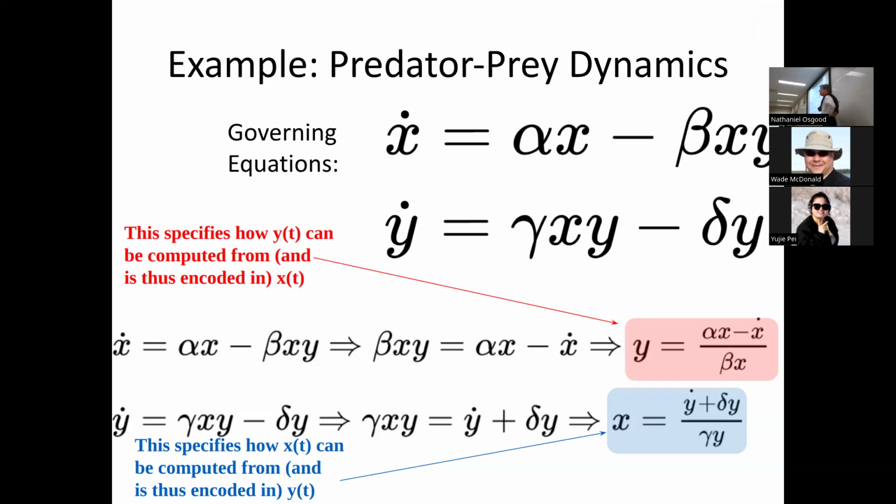So if lynx numbers, for example, are very high and are dropping quickly, then that's probably a sign the number of hares is smaller than it would be if the number of lynx were growing very rapidly, and there's few lynx around.